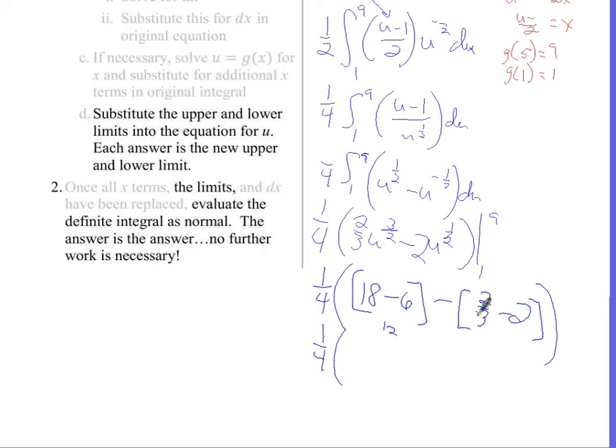And then 2/3 minus 2, negative 4/3. So we got minus negative 4/3, which is plus 4/3. So 12 plus 4/3, 13 1/3. 39 plus 1, 40 thirds.